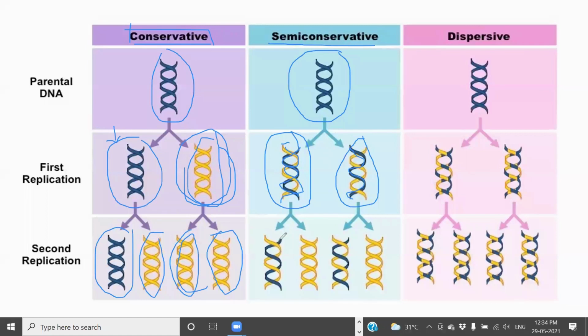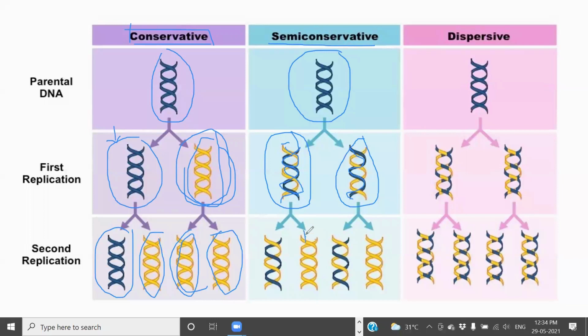semi-conservative DNA replication. Again, in the second cycle of replication, you can see both the strands separate. Here the old strand separates, and a new yellow color strand is synthesized. Here the yellow strand was the parental strand, and a new daughter strand is synthesized.